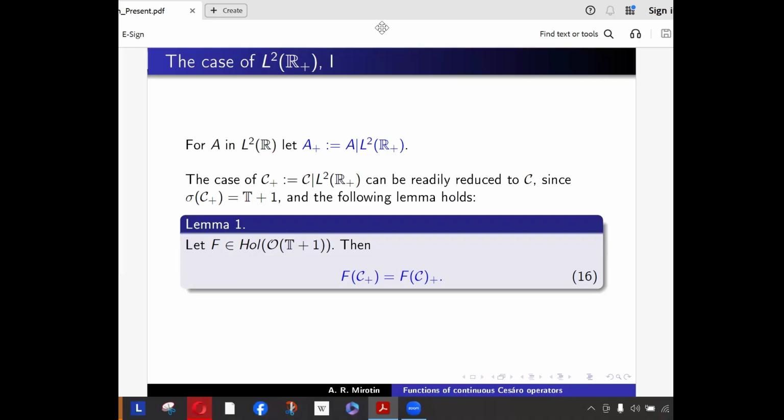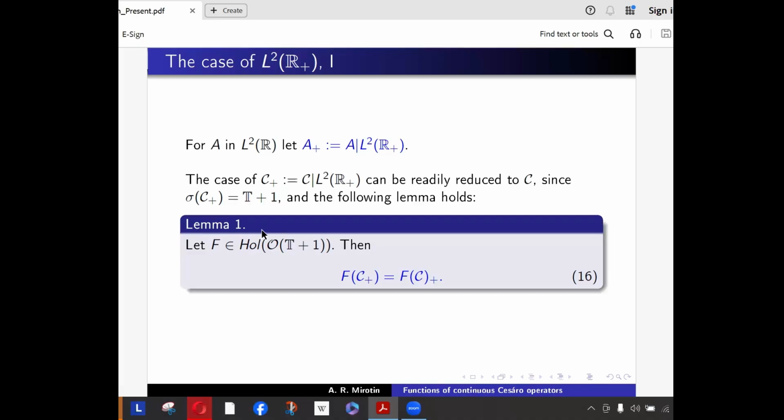For an arbitrary operator A in the space L2 over the R, we denote by A plus the restriction of A to the subspace L2 over the R plus, over the non-negative reals. And so C plus is a restriction of C to this space.